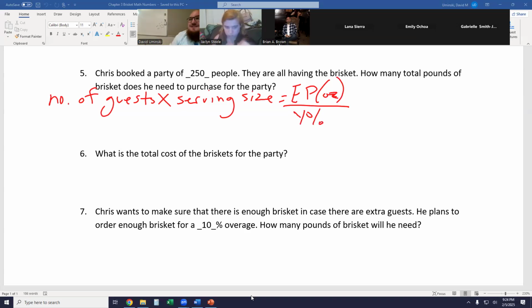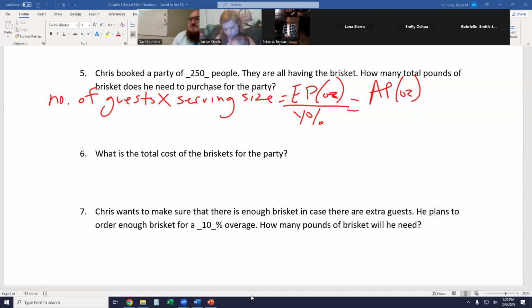Divide by the yield percentage. Do it at this step because otherwise you might forget to do it. I'm going to show you when we do the calculations why. This is going to give you the amount to purchase, the as purchased in ounces.